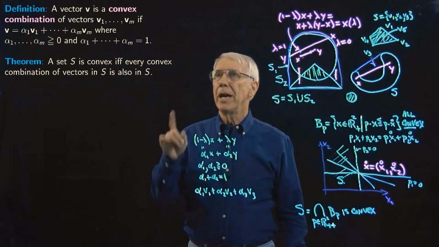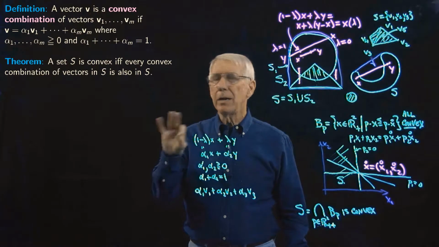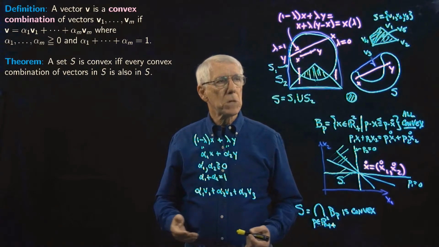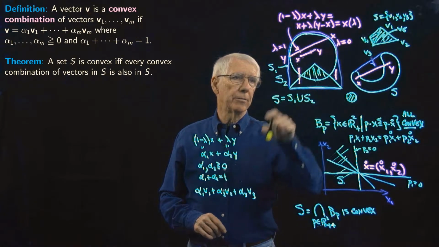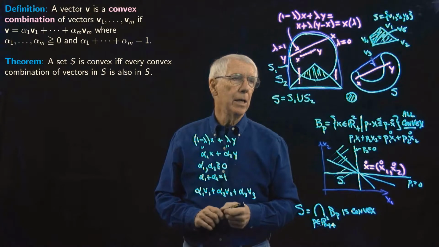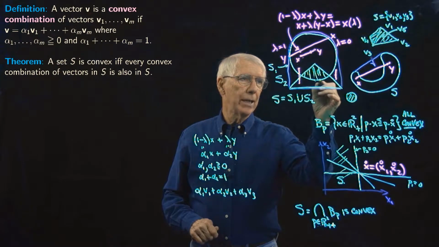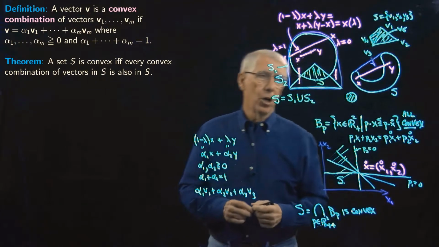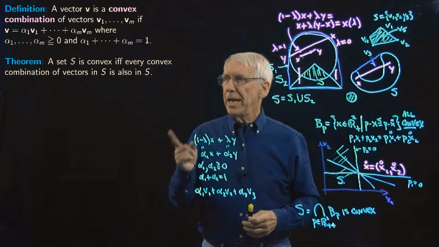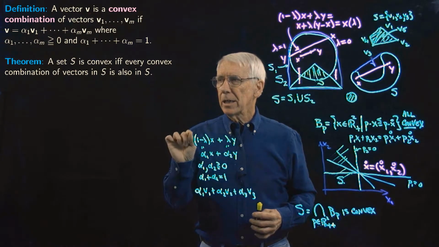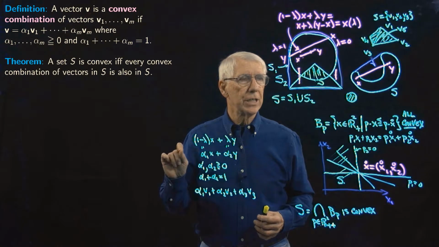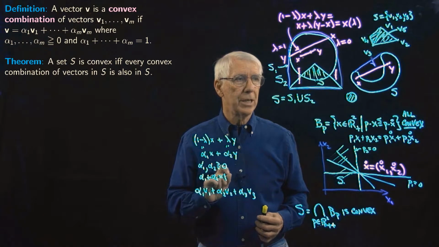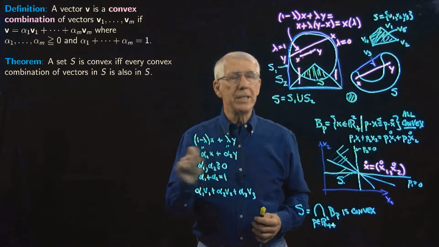So let's notice that if every convex combination of points in S, and let's take the triangular region here. Let's suppose that's S. Okay? And now that's convex. This says if every convex combination of vectors in S is also in S, then S is convex. That part's easy to prove.